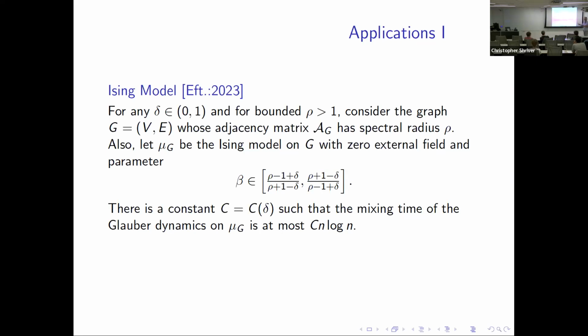R is not necessarily an integer, but suppose it was an integer, then this is the uniqueness of the R-ary tree, whose internal vertices have R children. So this is the uniqueness region for the Ising model. If you have the Ising model and beta in this region, then Glauber dynamics on mu_G has n log n mixing time.